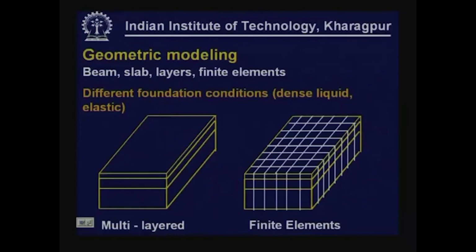There are various models available to geometrically characterize any given structure, especially when we concentrate on pavements. The common models that are used are beam, slab, a system of layers, or a system of finite elements.